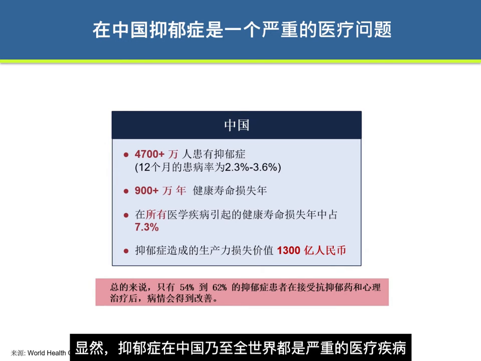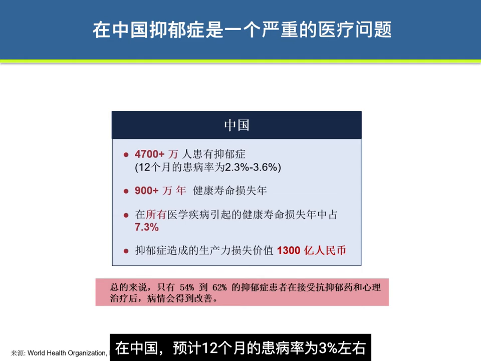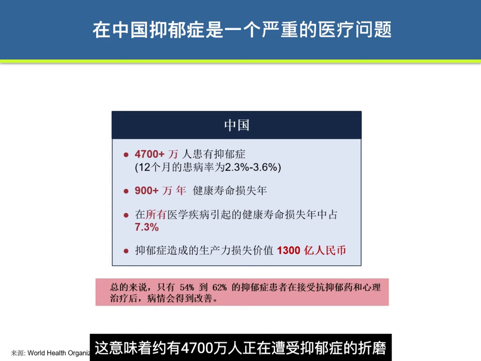Of course, depression is a serious medical condition in China as it is across the world. In China, the estimated 12-month prevalence rate is about 3%, which represents about 47 million people suffering from depression.